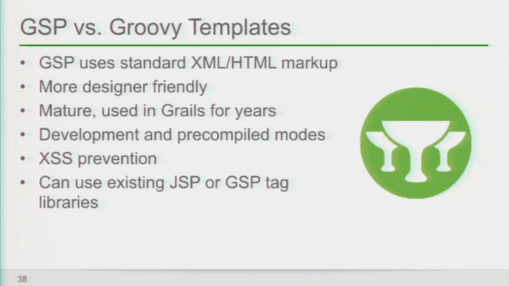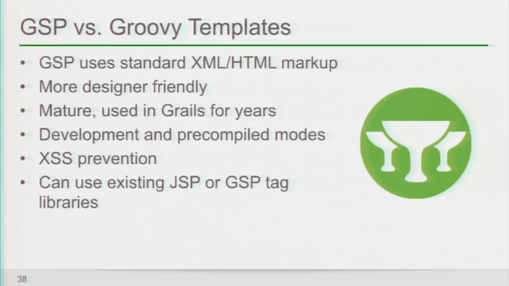Groovy templates do have a way to escape data and render data as unescaped, but GSP has native XSS prevention. So whenever you try to output a piece of data onto the page, it will always escape it.